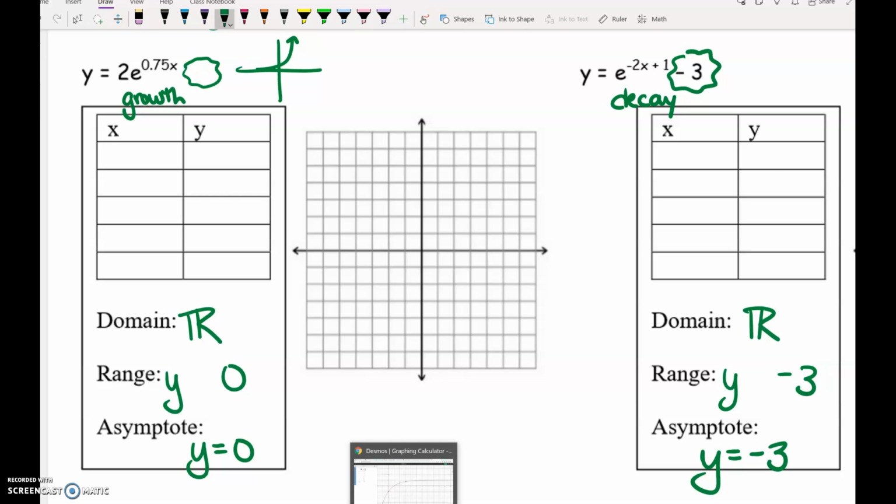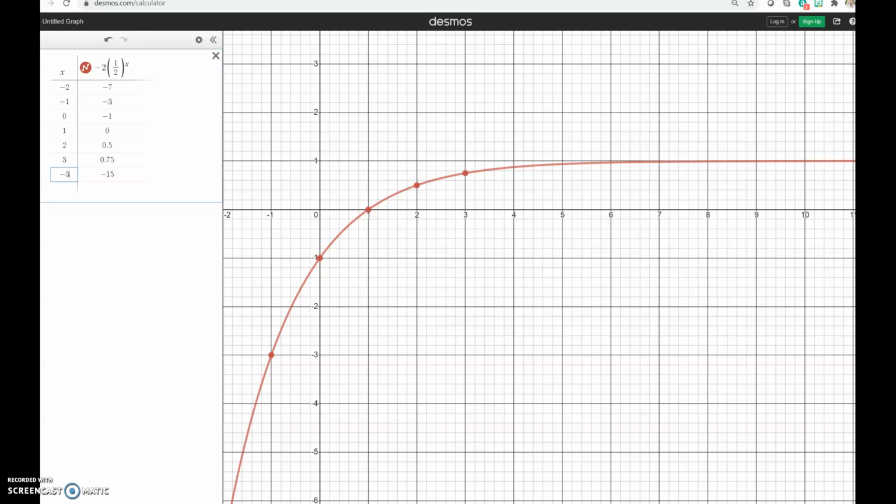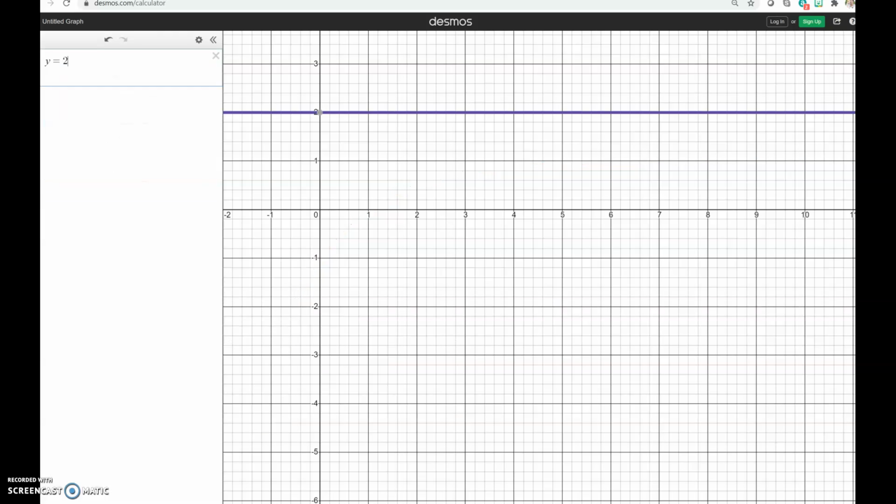So if I graph this first one in Desmos, I would get rid of this equation I had. Y equals 2, and you can just use the E on your keyboard. Sometimes with E, you need to put parentheses around your exponent just so that it keeps it all up in the exponent. I don't really know why.